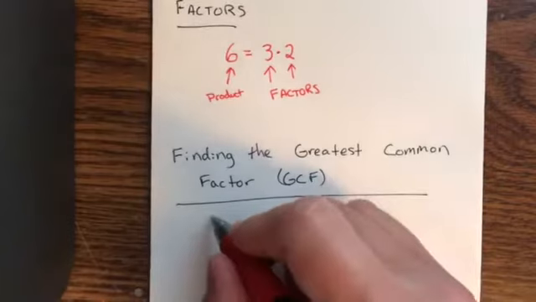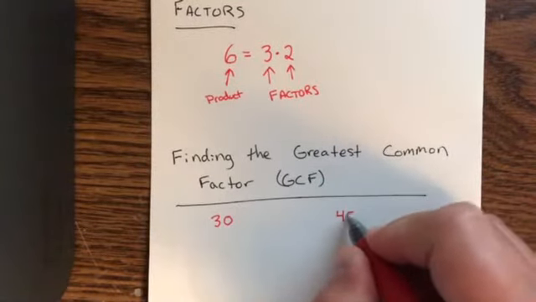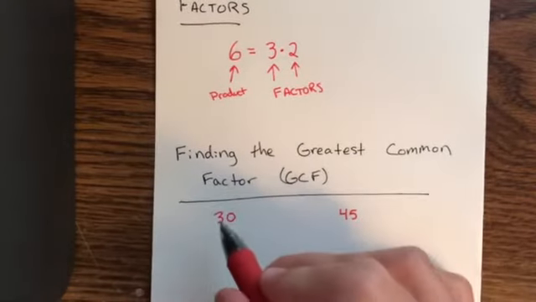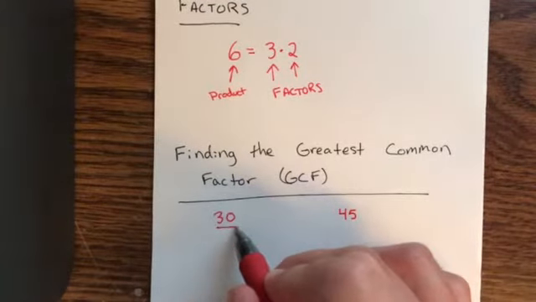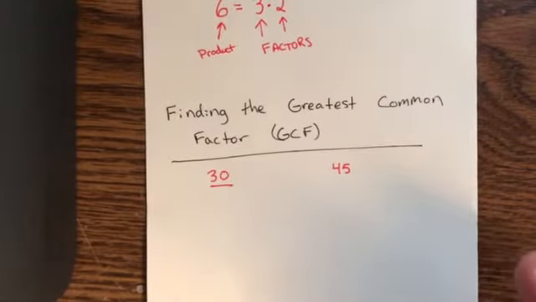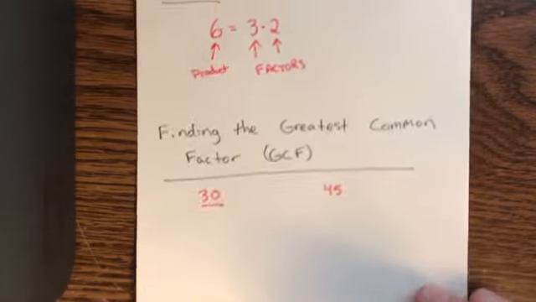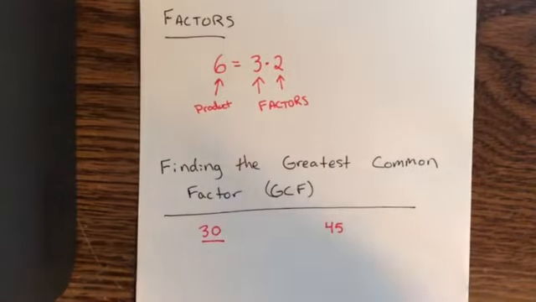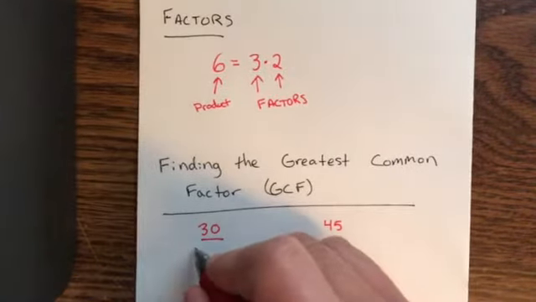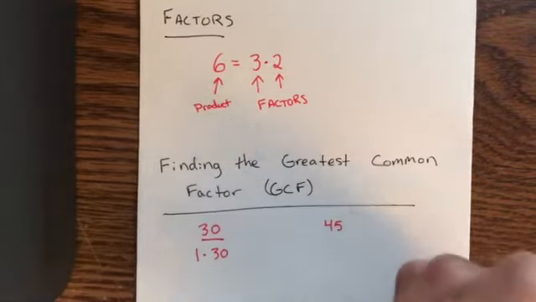I might give you a number like 30 and a number like 45, and your job is to start with the number 30 and write every single factor pair of 30 that there is. Now, I like to start with the number 1 and say, well, 1 times 30 is 30.